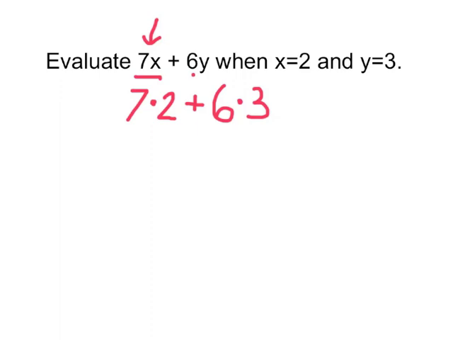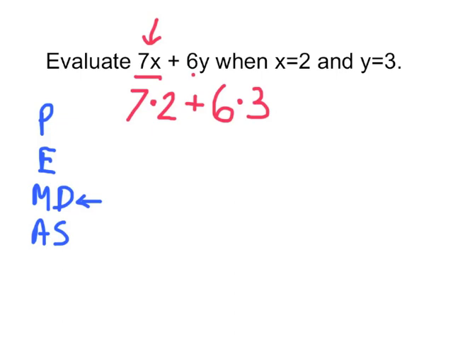Now that I've substituted the values of x and y in, I need to follow the order of operations, which is parentheses, exponents, multiplying and dividing, and finally adding and subtracting. We need to do parentheses first. Well, there are no parentheses. There are no exponents, so that means that we are now at multiply and divide.